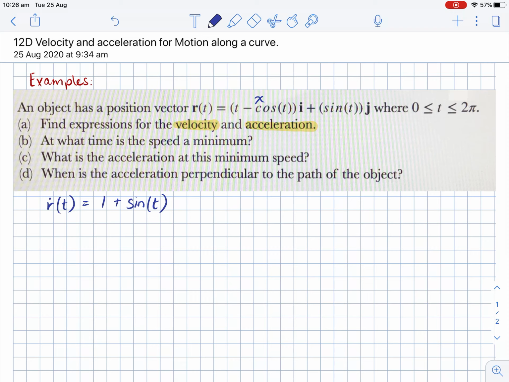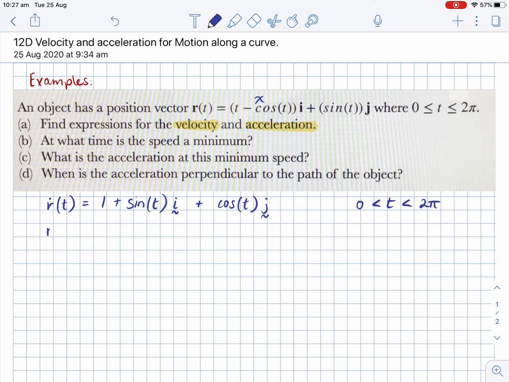And then that will be my i component, and the derivative of sine t is cos t, and that'll be my j component. So this is my velocity, and when we differentiate, I can only take that from the domain of the original function, and I exclude the endpoints when I differentiate, so I don't actually include the 0 and the 2 pi.